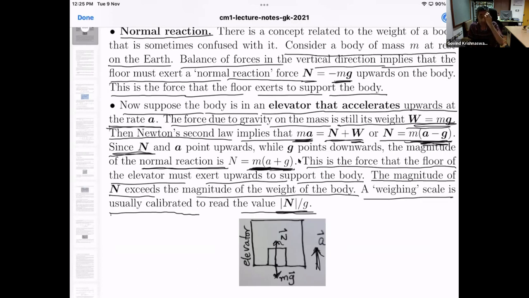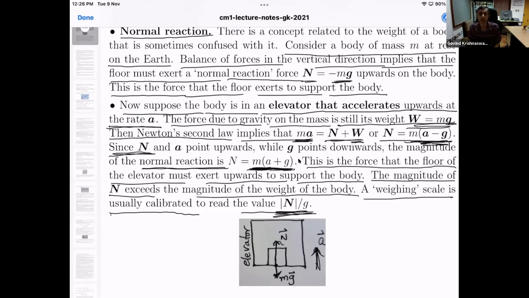The normal reaction force is how much force that weighing machine has to press upwards in order to support the body. So that is what it displays, of course, divided by g. In other words, in an elevator going upwards, the weighing scale will read a larger number than when the elevator is at rest. The opposite holds for the elevator going downwards.